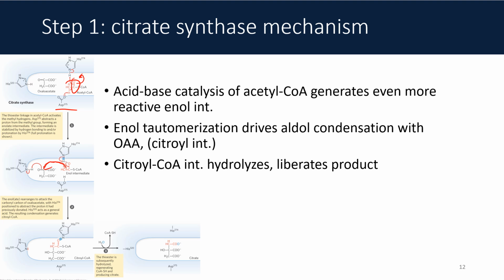Two considerably powerful electron withdrawing groups. This is what drives the formation of a new carbon-carbon bond between acetyl-CoA, a methyl group, and oxaloacetate. This product is called citryl-CoA, and this easily hydrolyzes in the presence of water to make citrate.